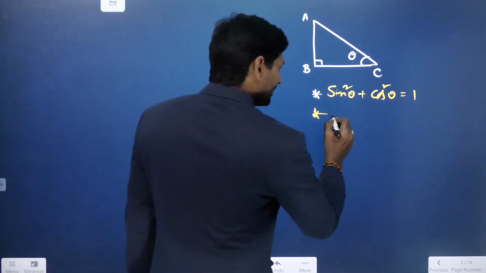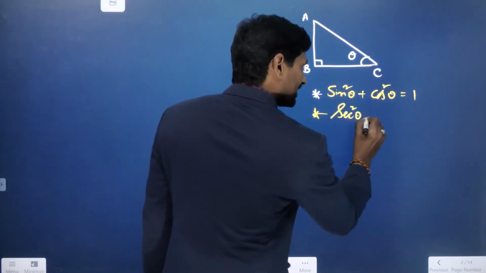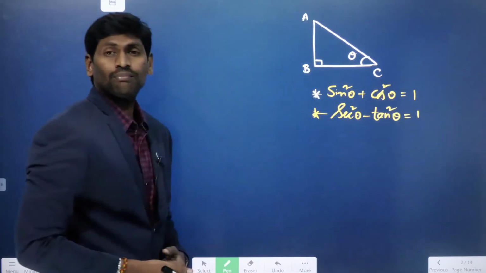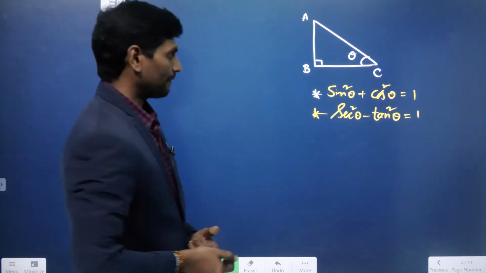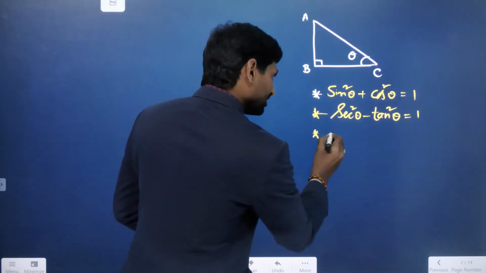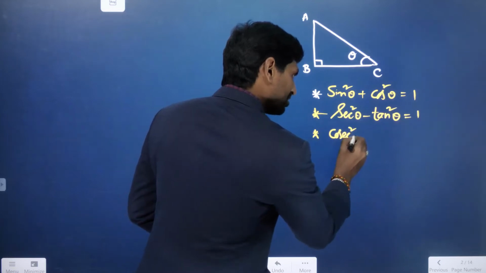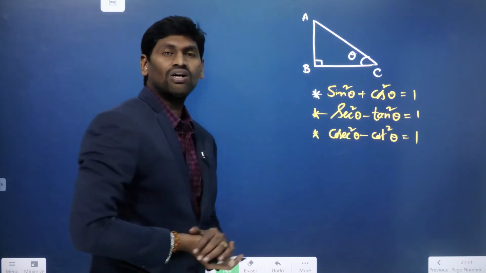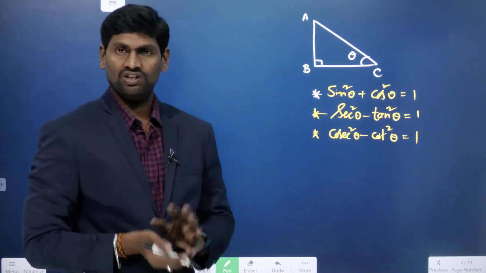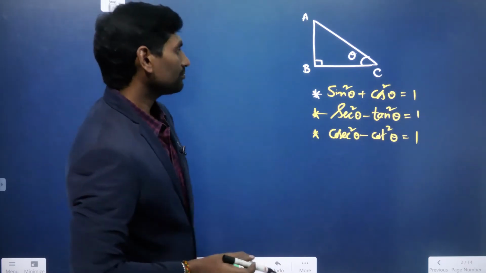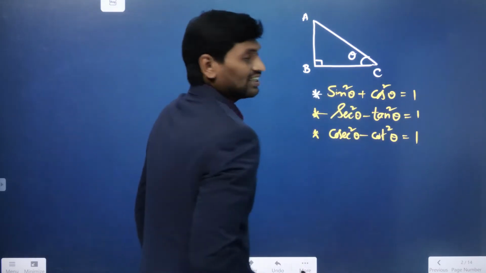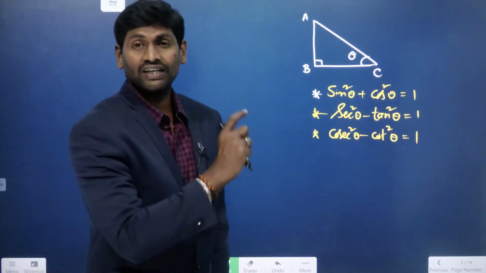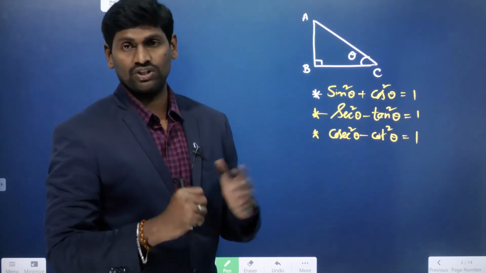Next, secant square theta minus tan square theta equals 1. Third one, cosecant square theta minus cot square theta equals 1. For proving this, again we need to write all six trigonometric ratios.